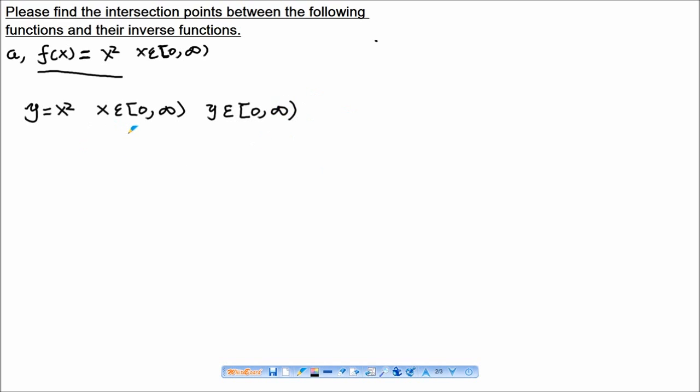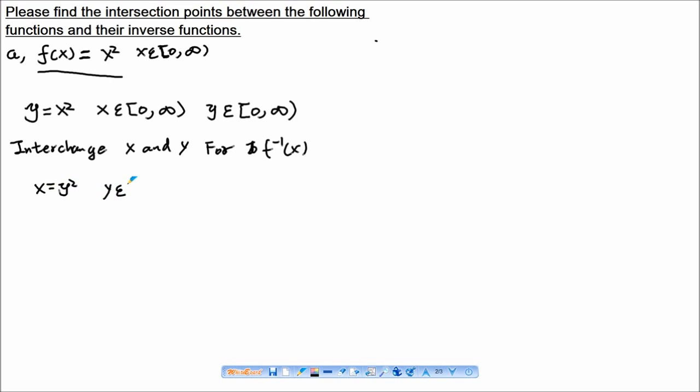I have to interchange x and y for the inverse function, so I will have x equals y squared.